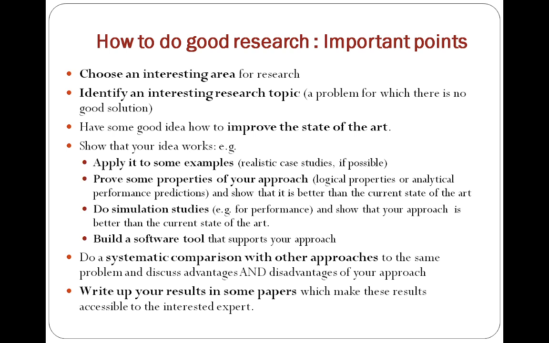It may be real-time software we have implemented, or it may be implemented in a simulated environment. Use software tools, do a systematic comparison with other approaches, and write up your results in papers.